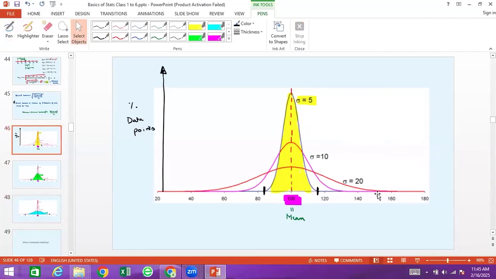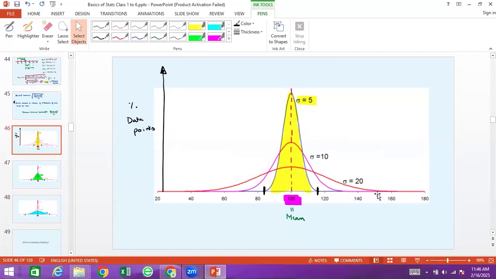Yeah, and one more. This mean looks like a median, right? This 100. Yeah, because it is a symmetric distribution. We call it a normal distribution. It's a symmetric bell-shaped curve, right? So in this case, mean and median will exactly be the same. If it is a symmetric distribution, both will lie at the center.